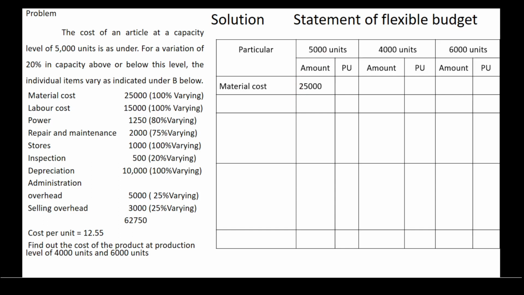Now the cost per unit is rupees 5. This cost per unit is always constant at every level, that means under the 4,000 units and 6,000 units.